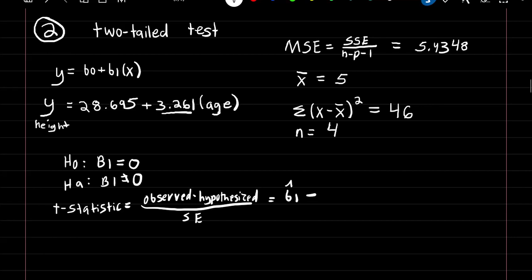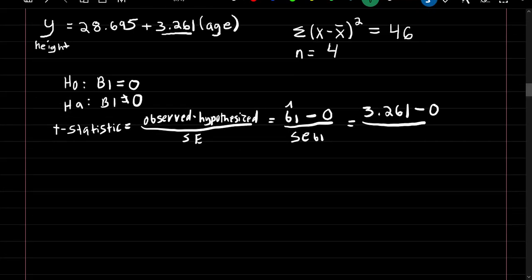Our hypothesized value is just going to be equal to 0, and then divided by the standard error of our beta 1 coefficient. So our predicted beta 1 we already found to be 3.261. And then our hypothesized value is going to be 0, and now we have to solve for the standard error of beta 1.